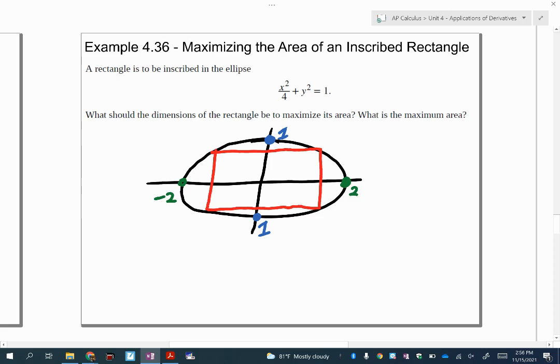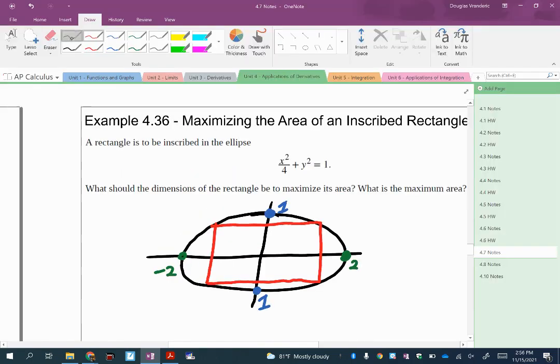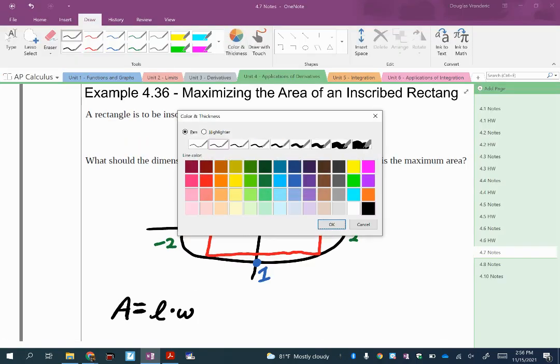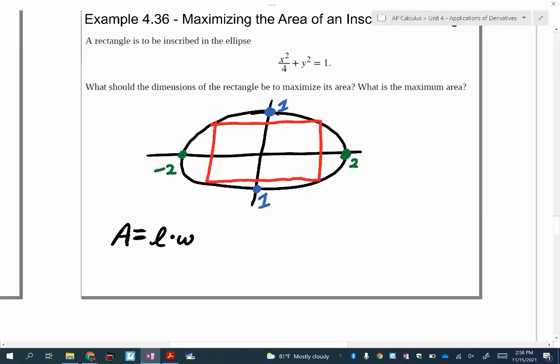Okay, so essentially what we're trying to do is write the area of this rectangle first. The area is length times width. What's going to help me figure this out is to focus on a point, and that point is in the first quadrant. So this point right here.